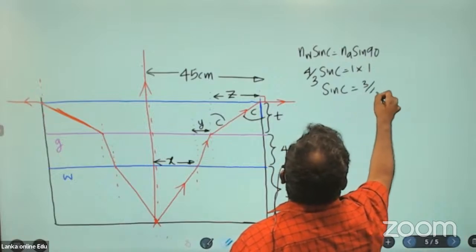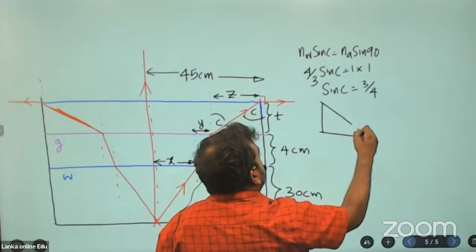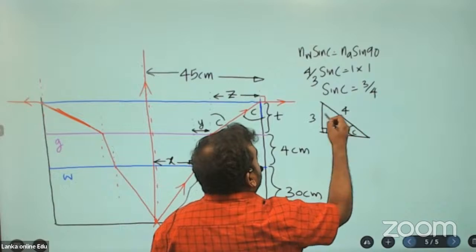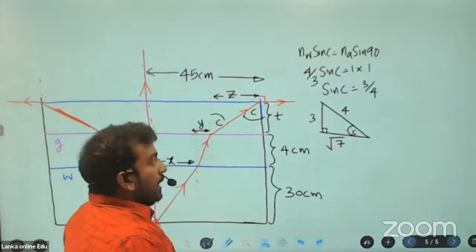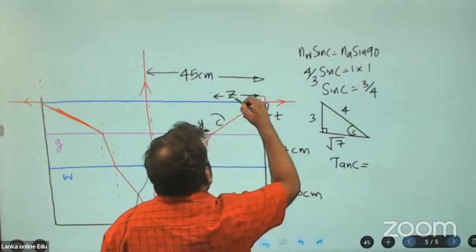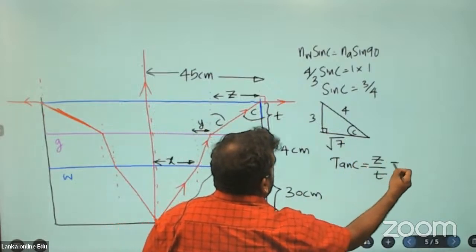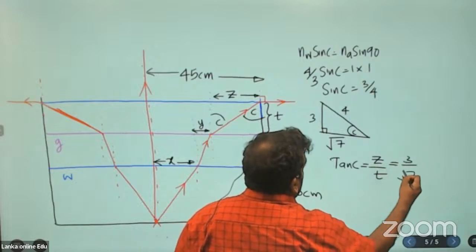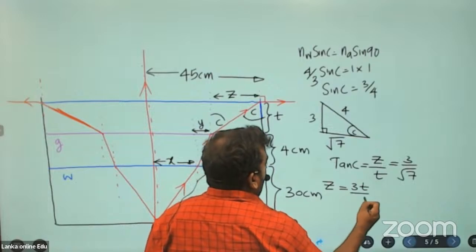Sin C is 3 over 4, which means right angle triangle. Opposite over hypotenuse, adjacent is root of 16 minus 9, root 7. Now tan C is equal to opposite over adjacent. Opposite is Z. Adjacent is T. Also tan C is 3 over root 7. Z is 3T over root 7.